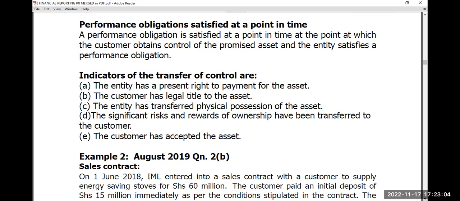I did not order this. But if the person is satisfied with what you have provided, and it satisfies the customer's demands, then we say that the person is now entitled to give you the money. And from there, we are saying that the performance obligation has been fulfilled.